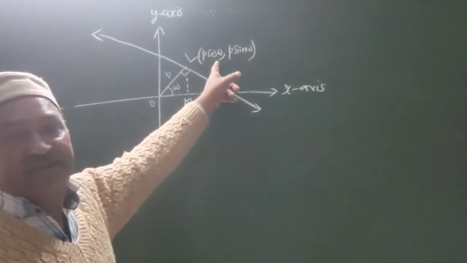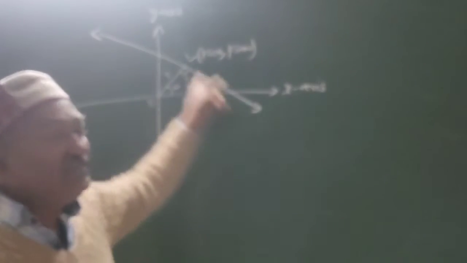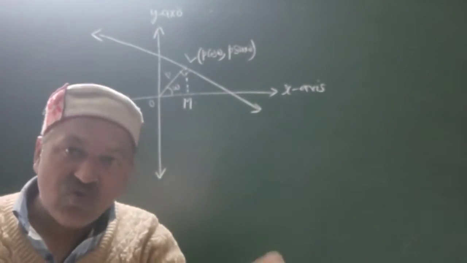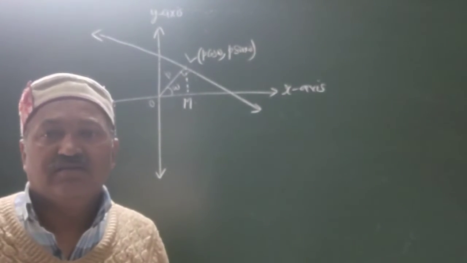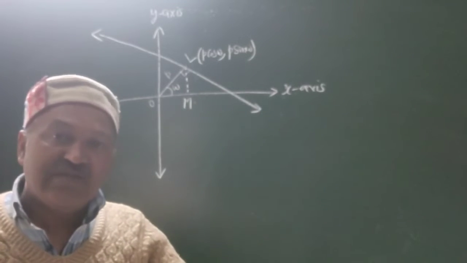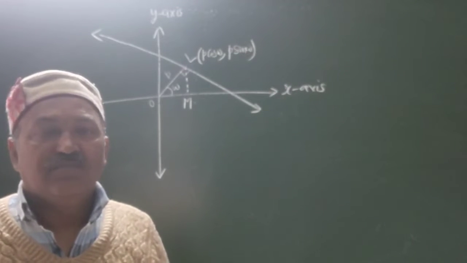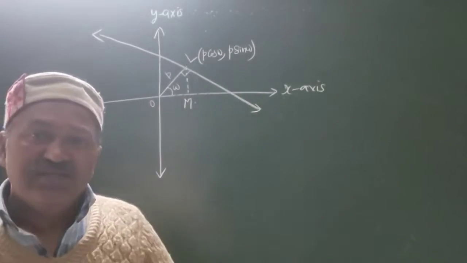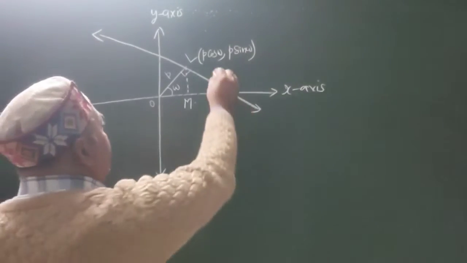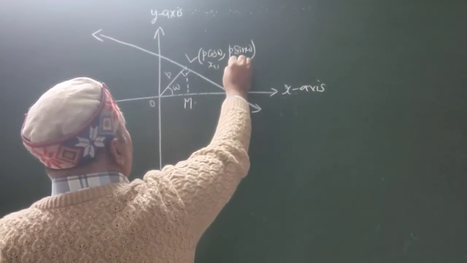These are the coordinates of the point L, which lies on the required straight line, whose equation is required. One point is on this straight line. This will play the role of x1, y1.